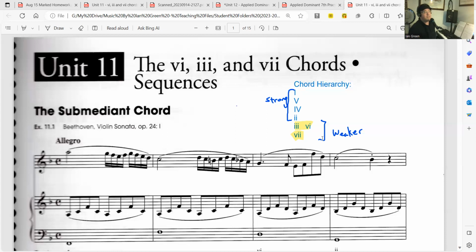I would suggest that if we think of the 3, the 6, and the 7 chords as a little bit of extra spice that we want to add to our dish or our chord progression, we can use these chords to add a little bit of extra zing or spice to our phrase, but without adding too much spice.